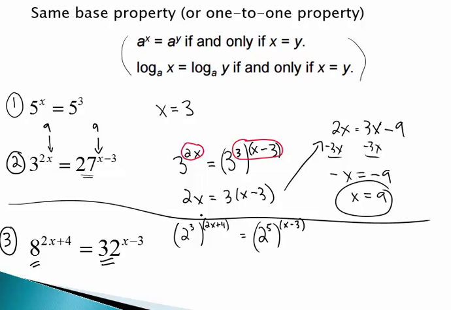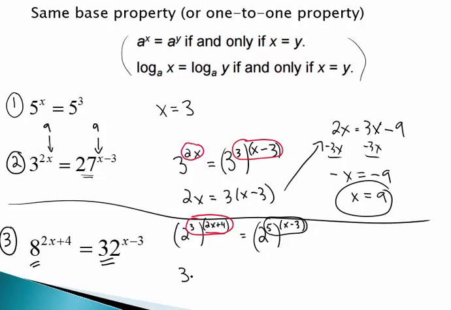Now remember how I deal with this. That's a number raised to a power, all of that raised to a power. So the rules of exponents tell me to multiply those two exponents. I'm going to multiply those together. And now that I have the same base, base 2, I can just equate those two exponents.